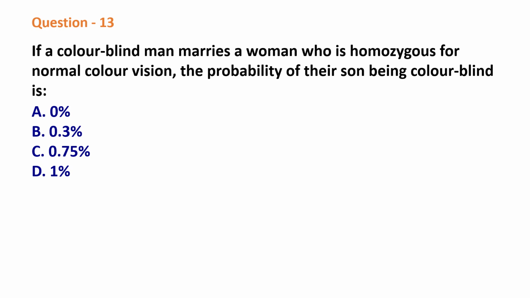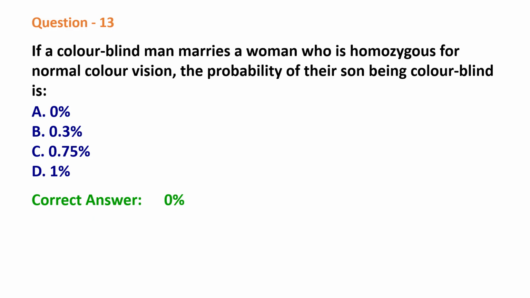Question 13. If a colorblind man marries a woman who is homozygous for normal color vision, the probability of their son being colorblind is 0%, 0.3%, 0.75%, 1%. Correct answer is 0%. Let's look for the reason. Color blindness is X-linked disorder. So here the child is a boy.